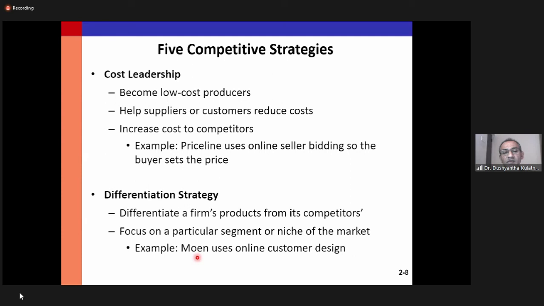Items are available for sale and you select a particular item that you prefer to buy. For those items, customization was not there, and Moen grabbed that opportunity of customizing the bathroom fittings, kitchen fixtures, and so on to suit the specific requirements of customers. So they allow the customers to do the customization online.